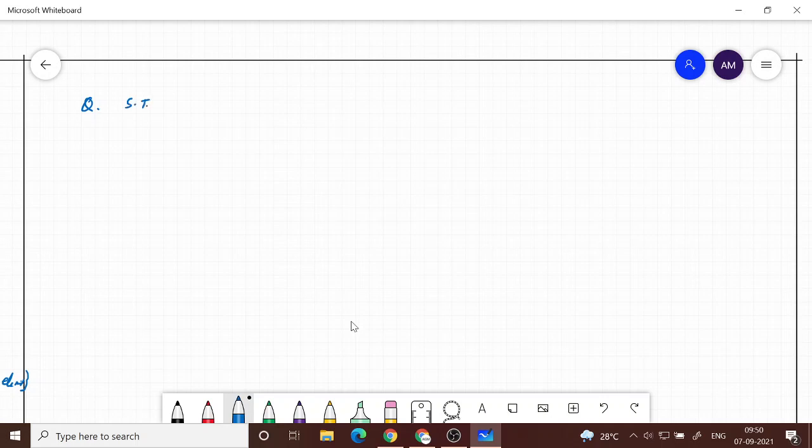Show that x dash y dash plus z the whole dash plus z plus xy plus wz. Show that this is equal to x plus y plus z.